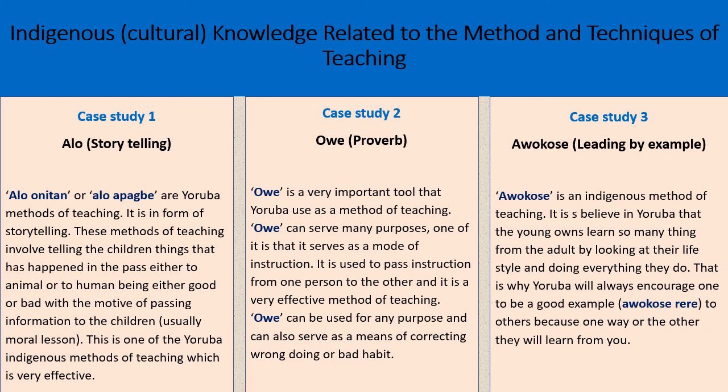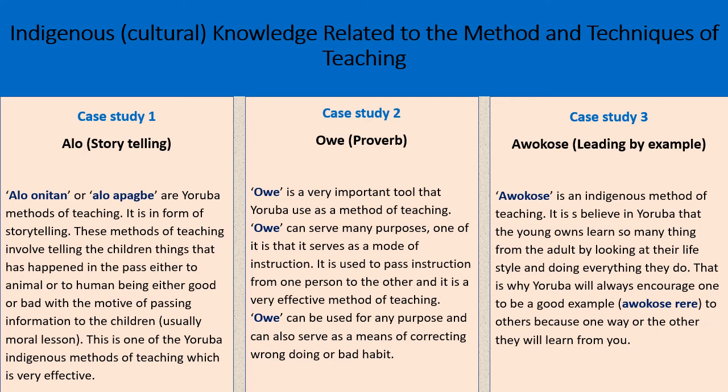The third case is Awokoshe. Awokoshe is an indigenous method of teaching as well, and it is a belief in Yoruba that the young ones learn so many things from the adults by looking at their style and doing everything they do. So that is why Yoruba will always encourage one to be a good example to others.